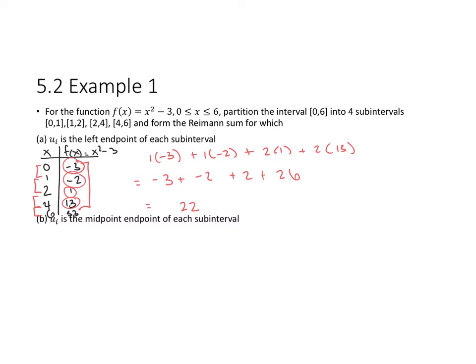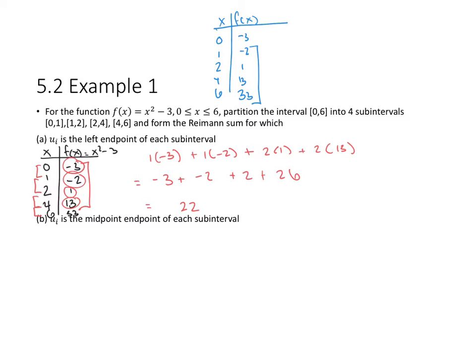All right, let's take a look and do my right Riemann sum. So I'm going to redraw my XY table. 0, 1, 2, 4, and 6. And this time I'm really going to focus on my last 4 intervals.